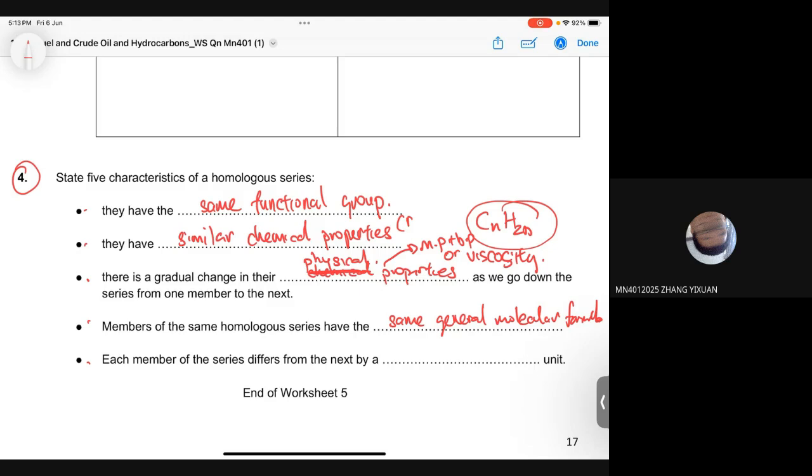They have the same what? The reaction. Yep, they undergo the same reaction. Just like alkanes, all the alkanes will undergo substitution reaction. All of the alkanes will undergo combustion. So when you talk about similar chemical properties, they will all have the same reaction. They undergo the same type of reactions. Can? Okay. Last one. Ishan, you last one.